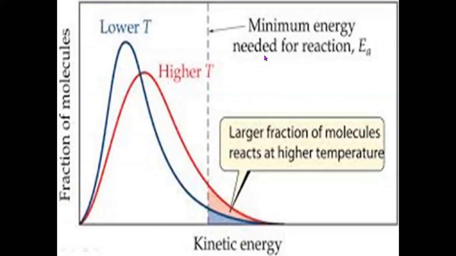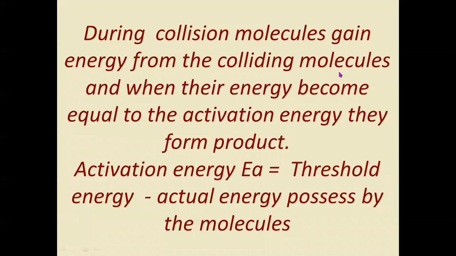This is the minimum energy needed for a reaction. That means if a molecule has this much energy called EA, then it will convert itself into product, or it will form product. So the more molecules possessing activation energy, the more product will form. So what is activation energy? It is equal to threshold energy minus the actual energy possessed by the molecule.